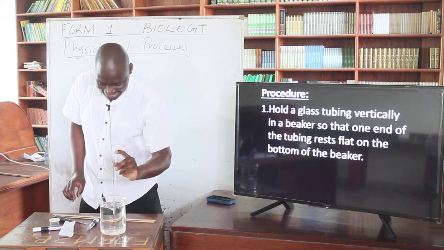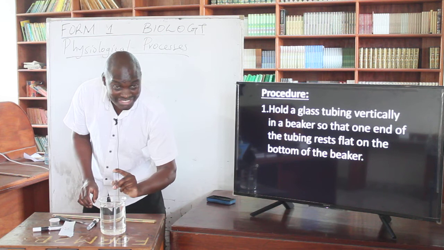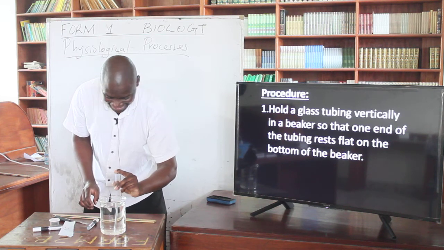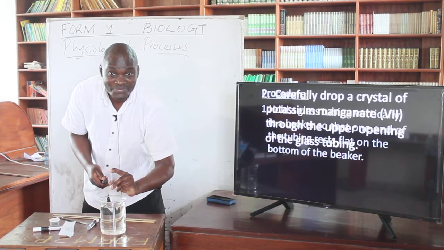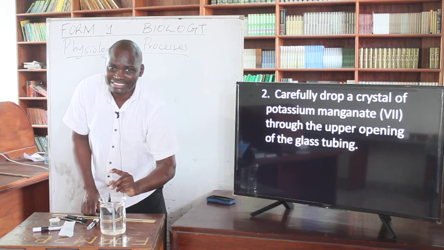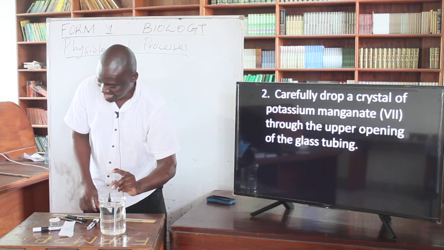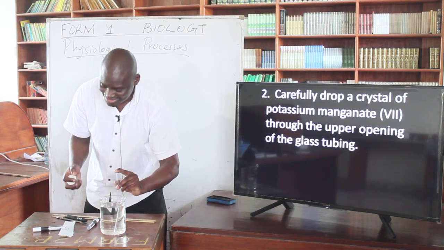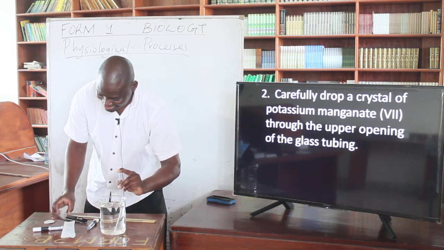I will place it vertically that way, so that it rests inside. Then number 2, carefully drop a crystal of potassium manganate through the upper opening of the glass tubing. A crystal. So they are telling us to take only a crystal.